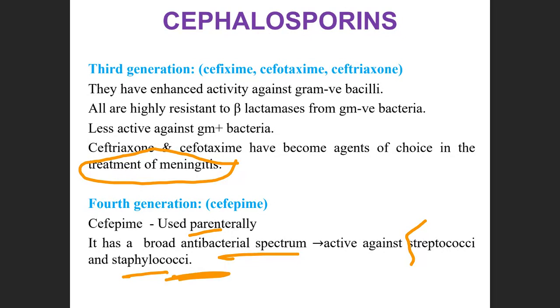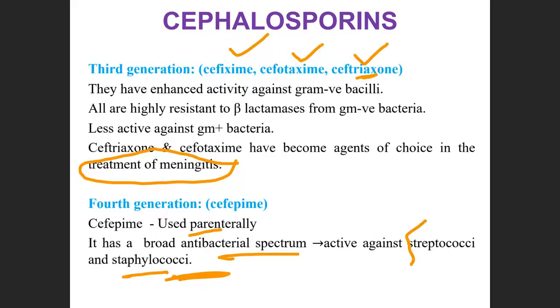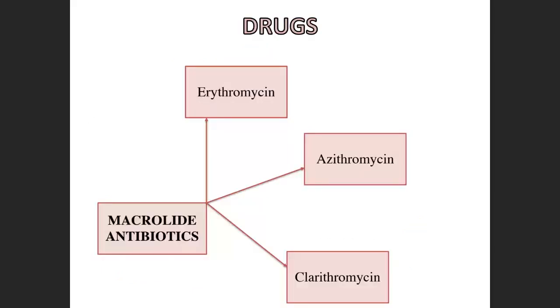Whereas cefotaxime is available in injection, and cefuroxime in injection as well as tablet form, and cefaclor and the others are present in tablet form as well as some in injections. But the fourth generation drug cefepime is available in injection, parenteral dose only.